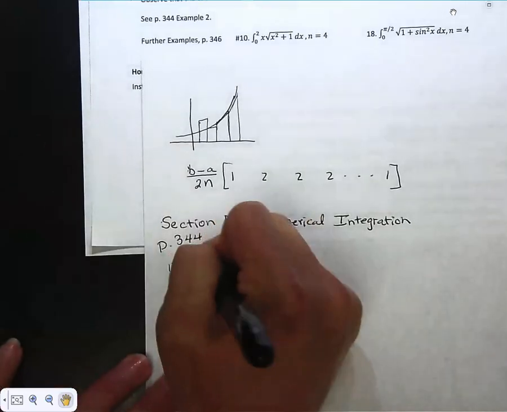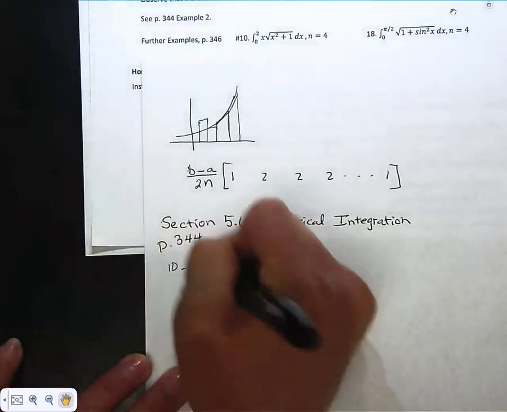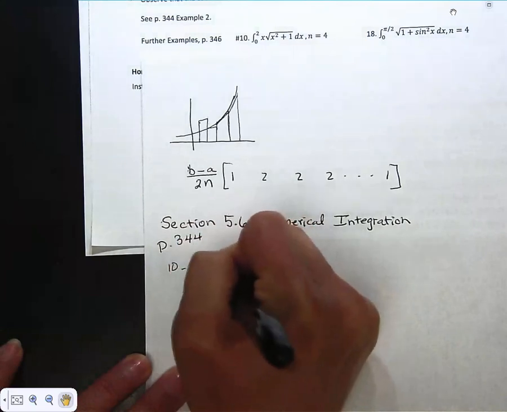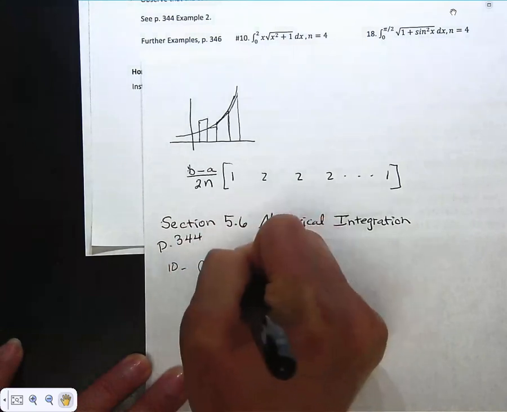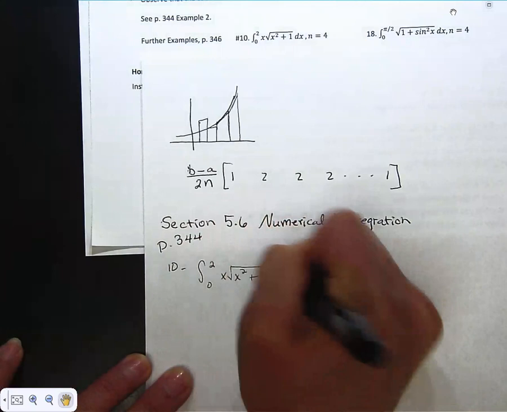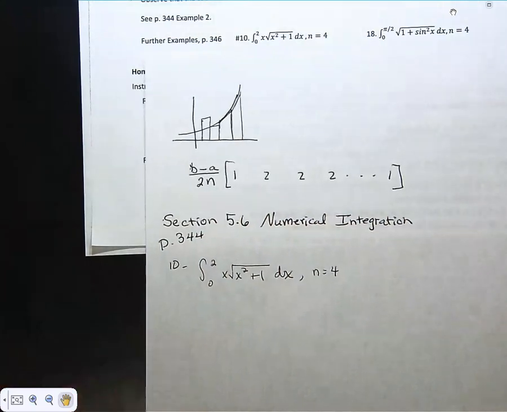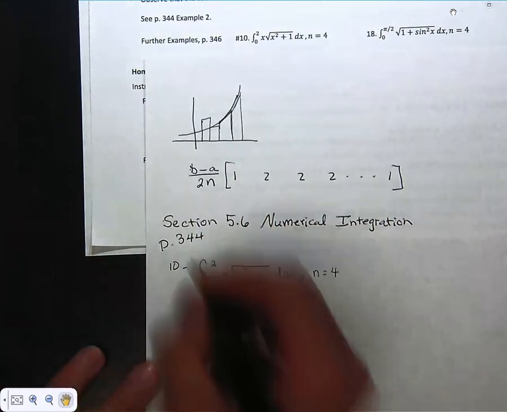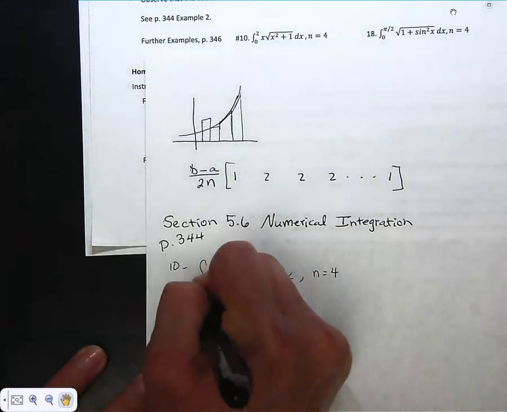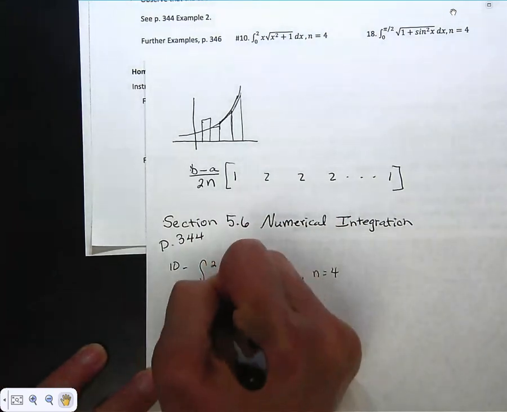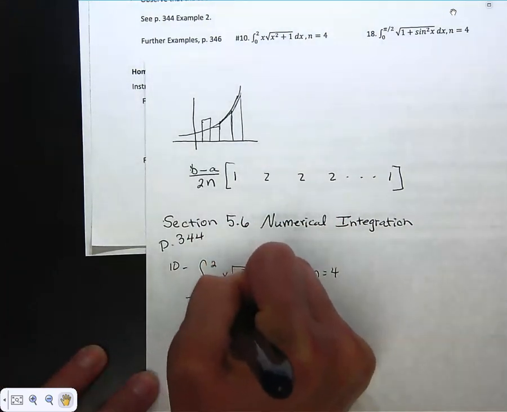We want to find the area from 0 to 2 of x times the square root of x squared plus 1 dx using 4 trapezoids. And using the trapezoidal rule, we'll also do this by Simpson's rule in a minute, but first we're going to do the trapezoidal rule.